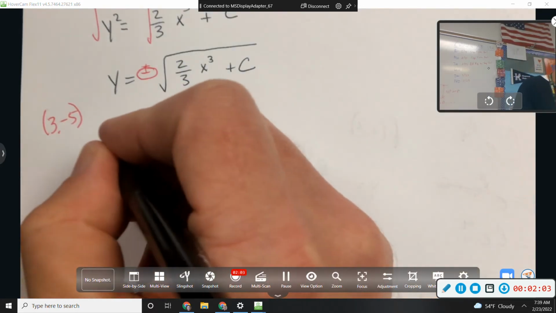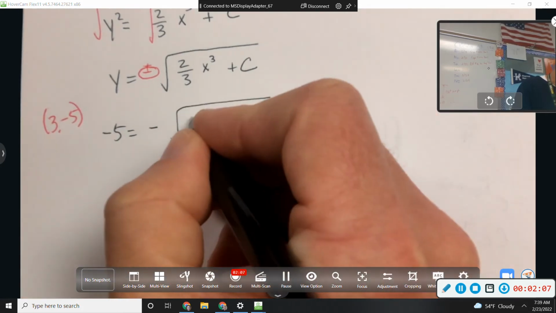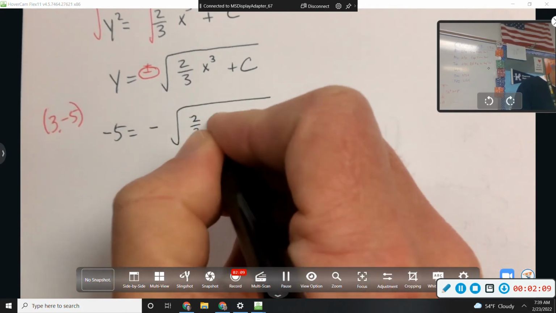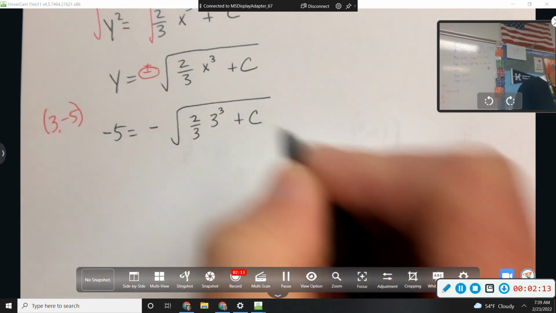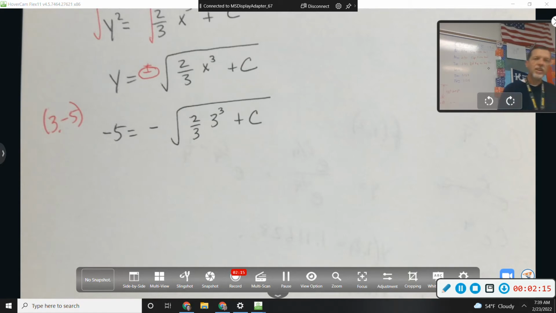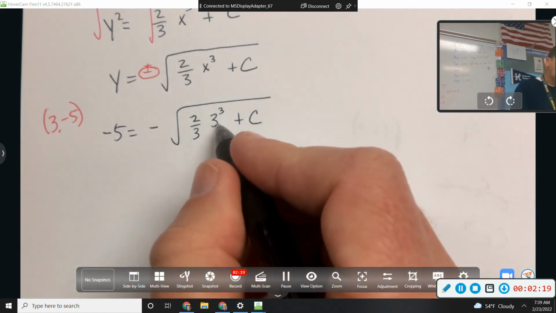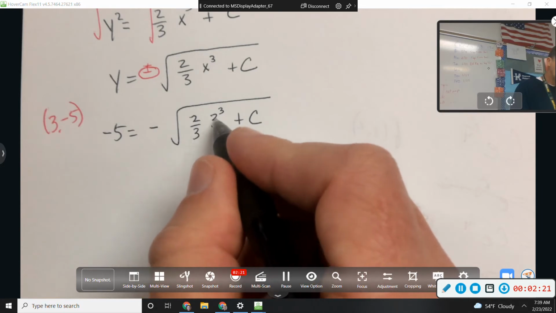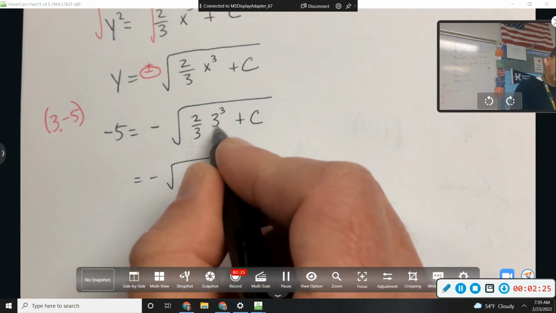So let's see, negative 5 equals, got to be the negative one, square root of, let's see if this is rigged to work out in our favor. And it kind of looks like it is, because 3 cubed is 27. 2/3 of that is 18.